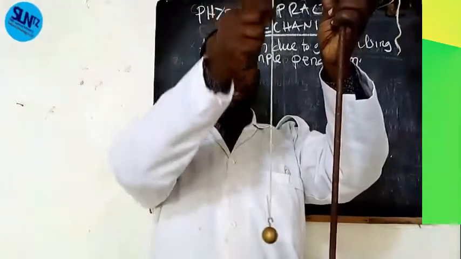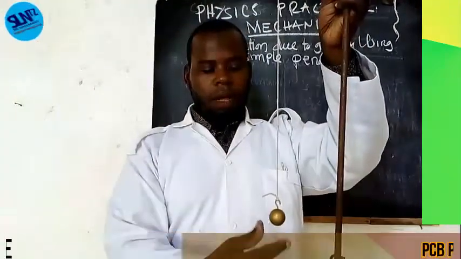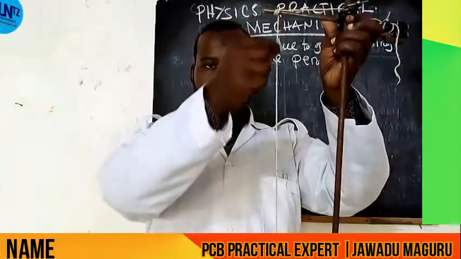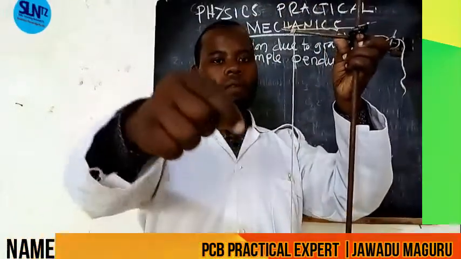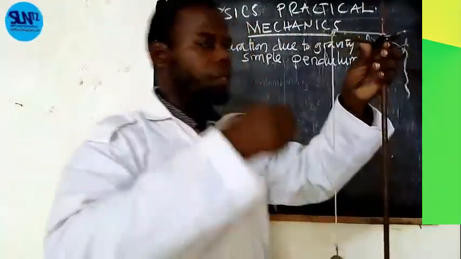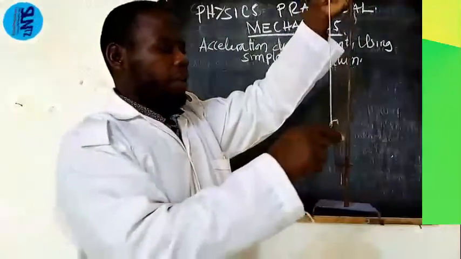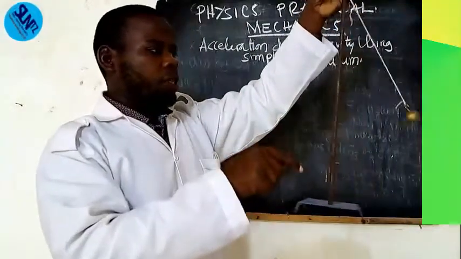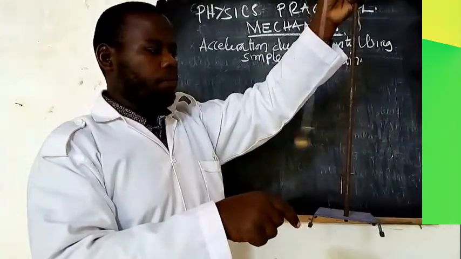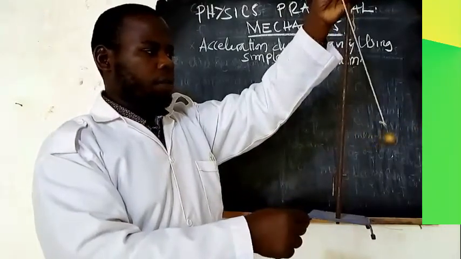We have the length, we have this pendulum, and within the length there is a time for periodic movement, or we say this is a motion, this is the oscillation. Do you see?